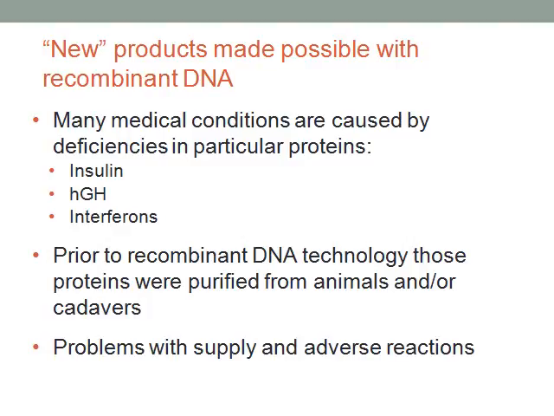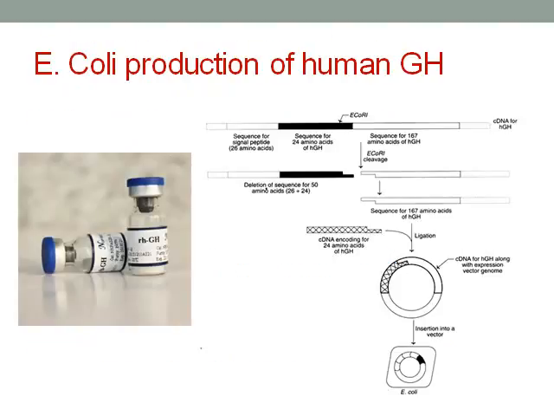This raised significant problems with supply. As you'll recall from one of our earlier lectures when we talked about E. coli production of human growth hormone, the gene for human growth hormone is inserted into a bacterial plasmid. This plasmid is then ligated together and is inserted in bacteria. The bacteria will then produce and release it.